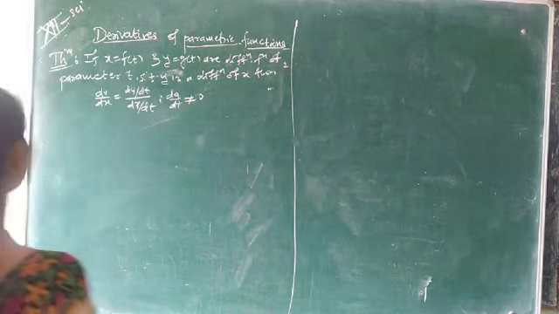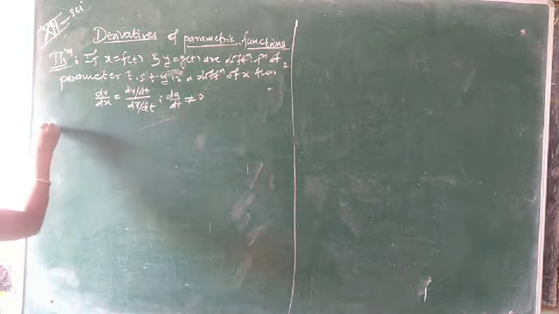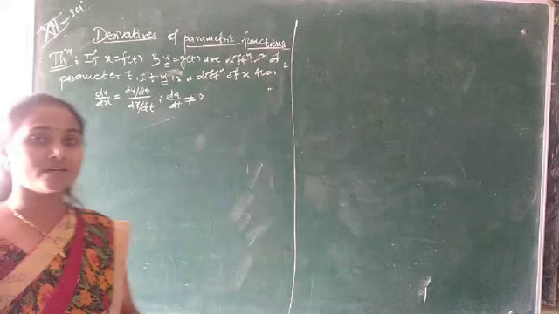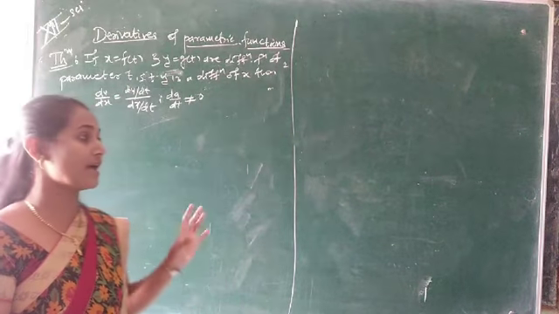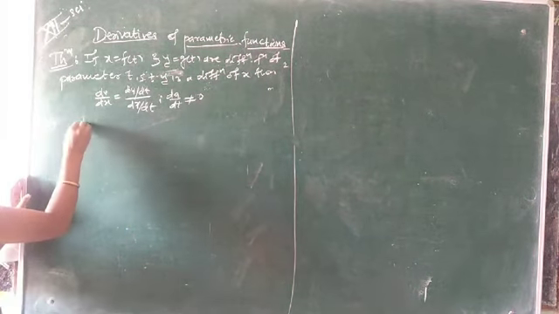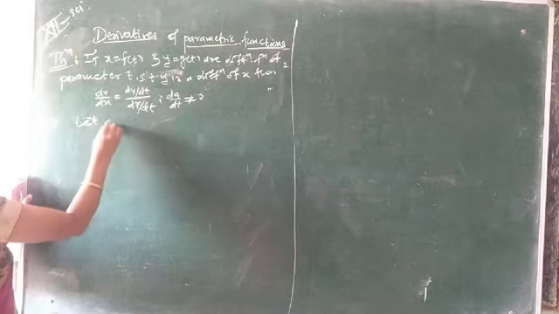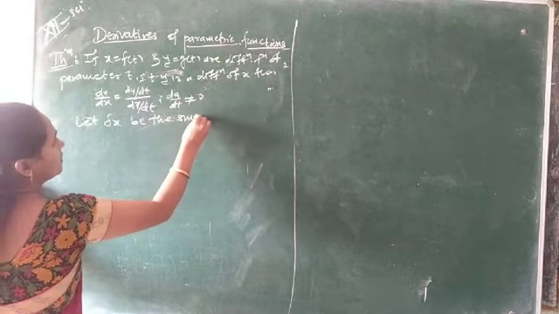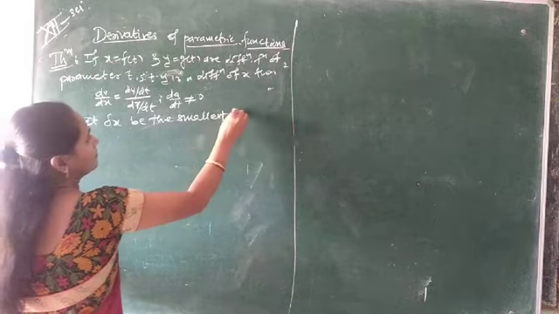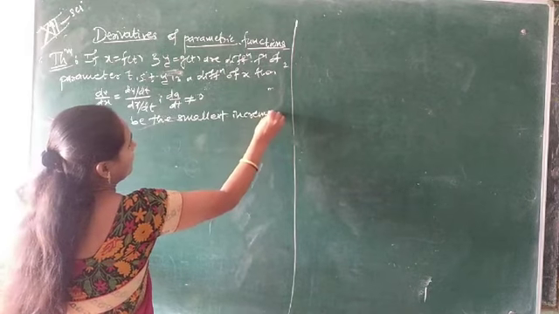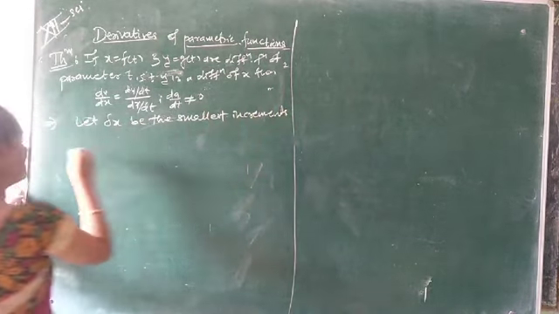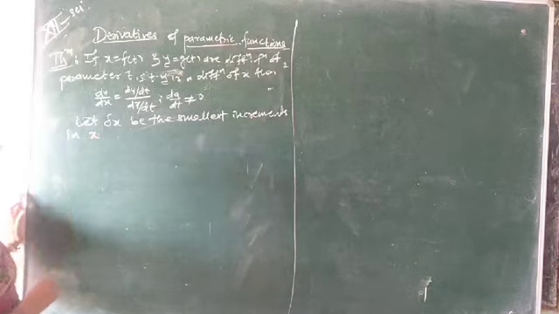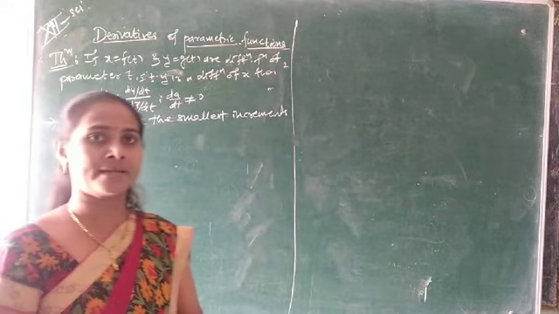First we see increments, which are similar in the 3 theorems. So first we take, let delta x be the smallest increment in x.